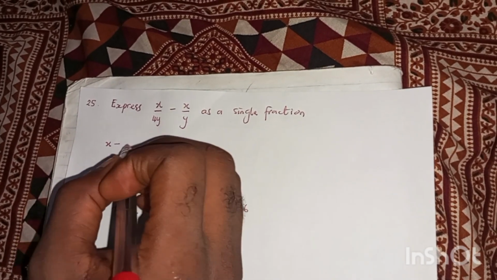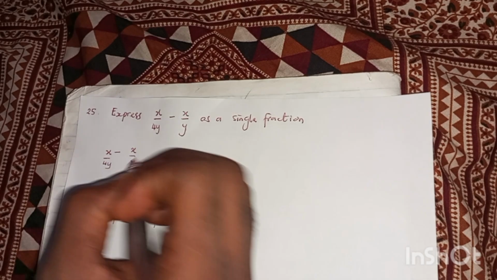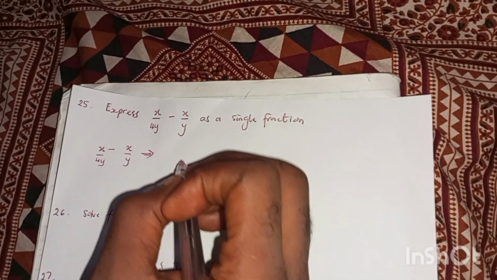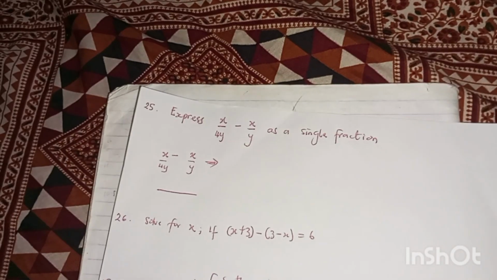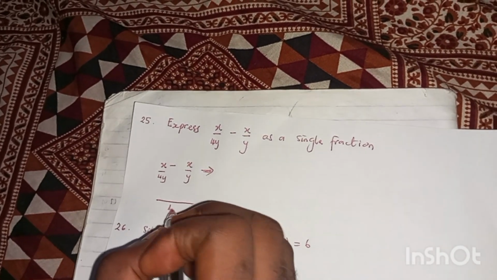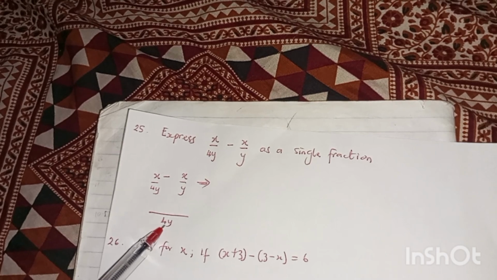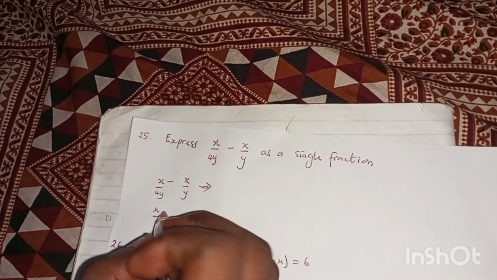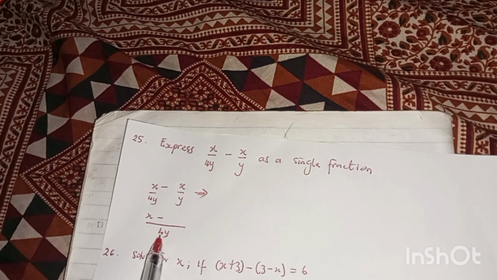x over 4y minus x over y. So this is going to be the same thing as, okay, let me write it down here. What's the LCM of 4y and y? Definitely that's going to be 4y. So 4y in 4y is 1. 1 times x, we have x, minus. Y in 4y, y cancels y, we're left with 4.